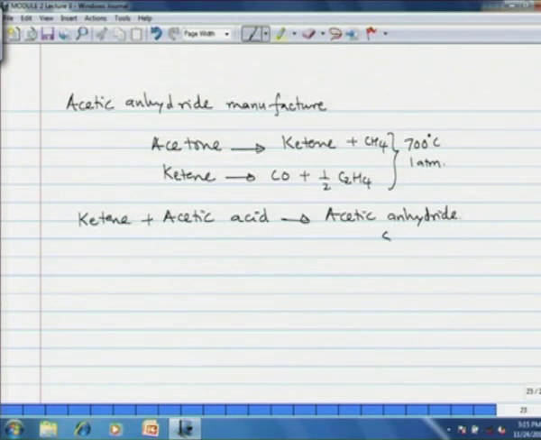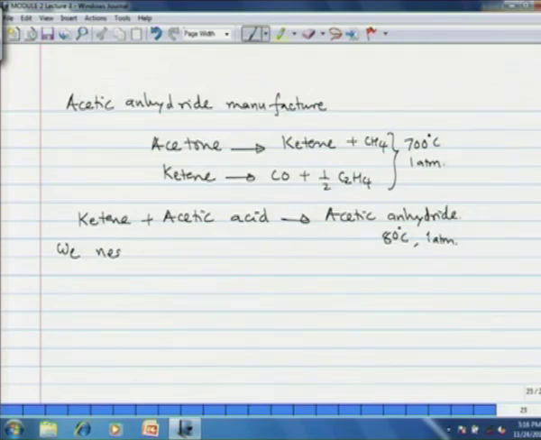This reaction occurs at 80 degrees centigrade, although the pressure is the same. Now, in this case, we need more than one reactor. Why? Because the temperatures of the two steps of the process are significantly different. Therefore, we need 2 reactors for this process.